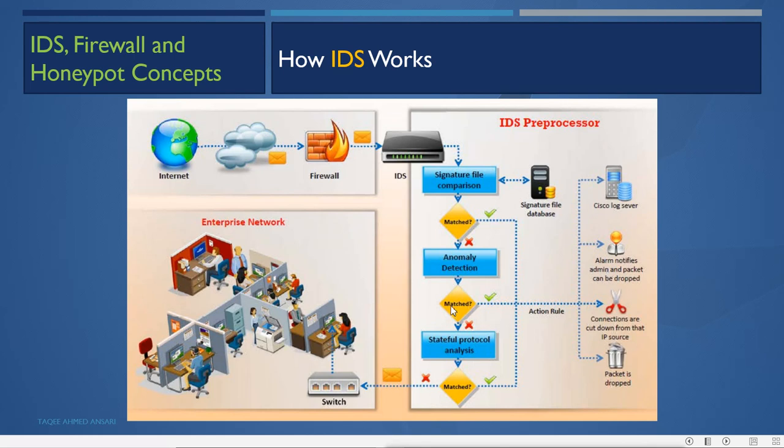If the anomaly is not detected, then it will check stateful protocol analysis. Again, if it is matched, it will do these things, and if it is not matched, then the data will be transferred to the internal network through the switch, and then it will go to the enterprise network and the internal network.